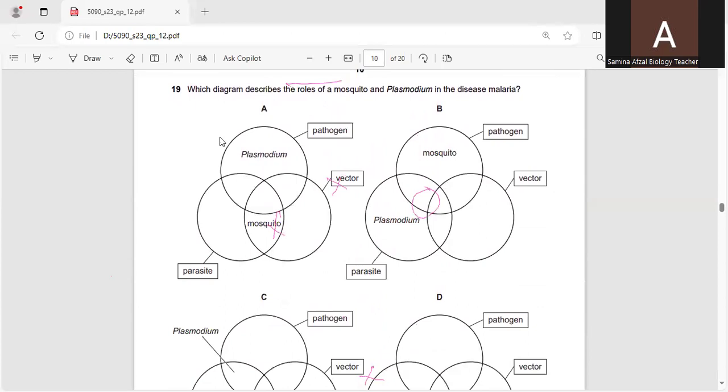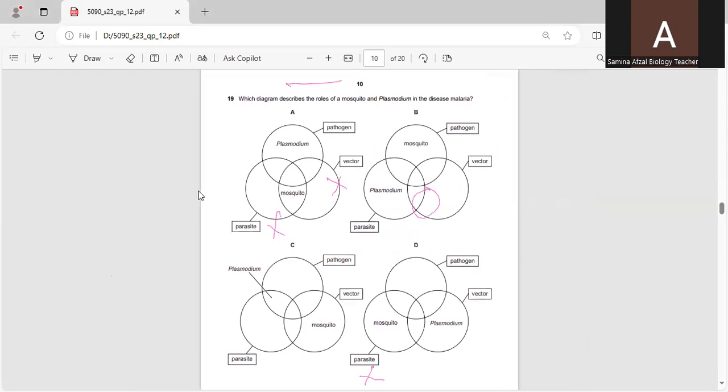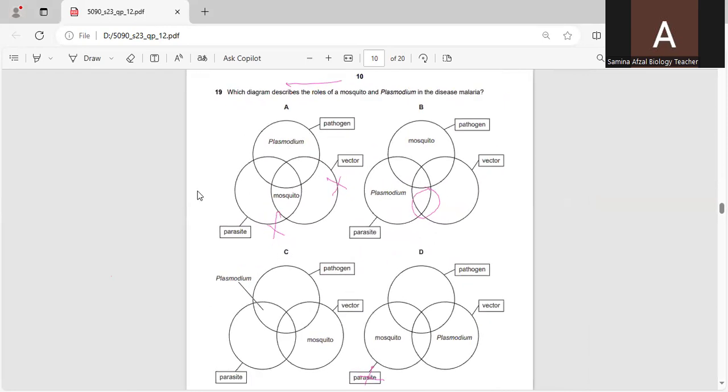Next question is question number 19, in which we are going to have 4 diagrams. First of all, I am going to go with the first one. Which diagram describes the roles of a mosquito and plasmodium in the disease malaria?